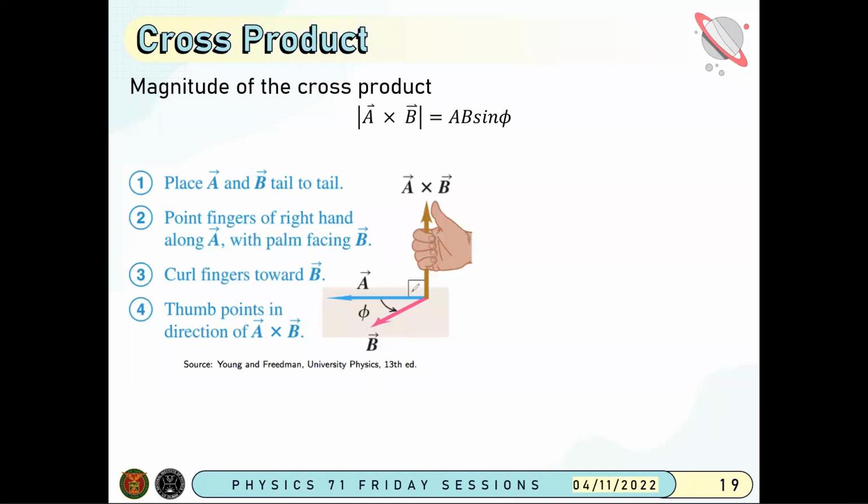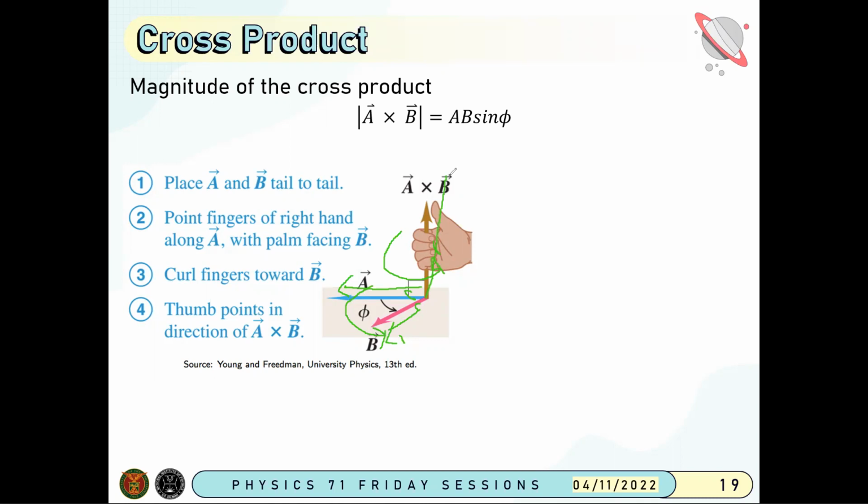And then, point the fingers of your right hand along vector A, with the palm facing the direction of B. Now, if you curl your fingers towards B, your thumb will point in the direction of the cross product, and you will see it is perpendicular to the plane of A and B. Again, right hand only. It doesn't work for the left hand.